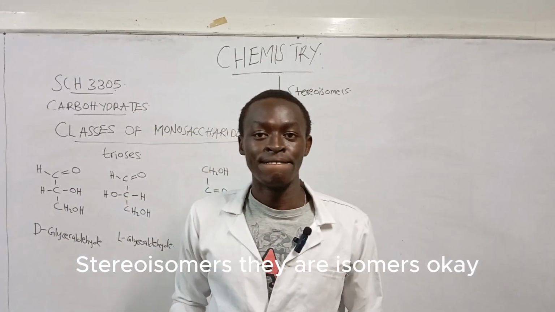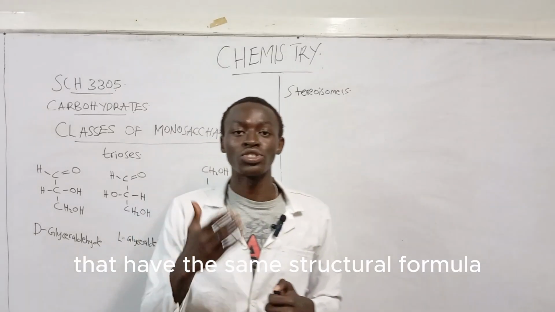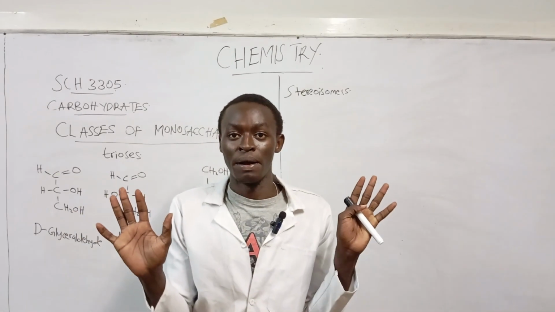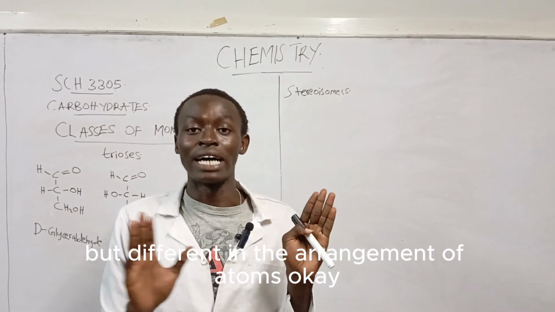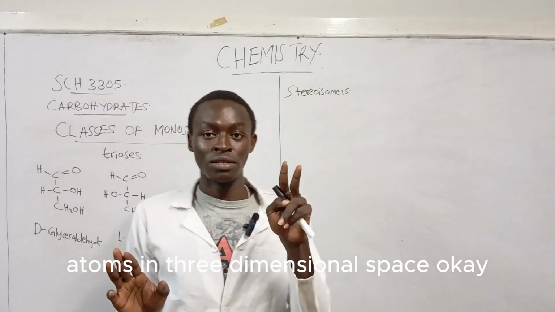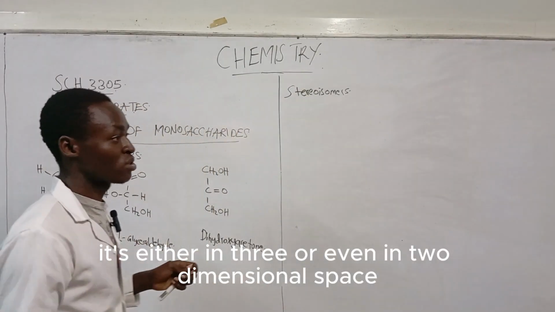Stereoisomers are isomers that have the same structural formula, but differ in the arrangement of atoms or groups in 3-dimensional space, or even in 2-dimensional space.